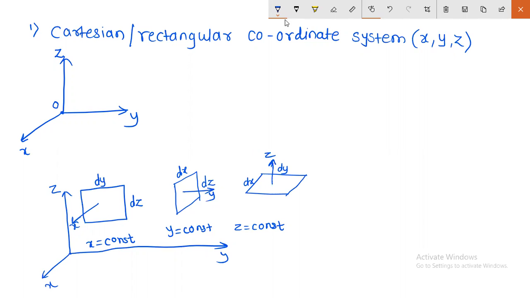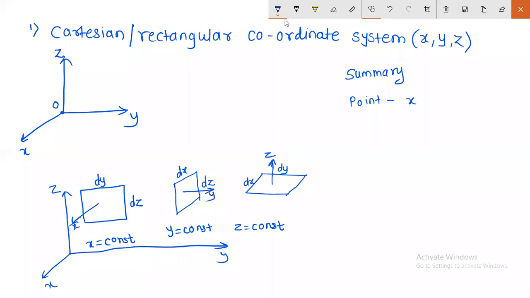So from that we obtain one summary. In summary, we considered the different points: if we consider any point P or Q, then for that point the coordinates will be x, y, and z.